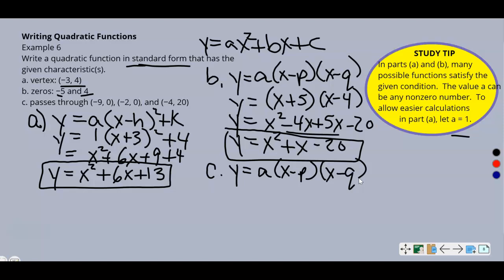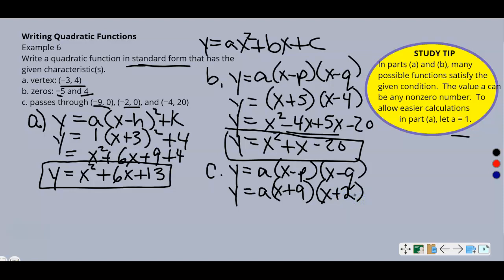The first thing we're going to do is plug in -9 and -2. So y = a, and I forgot my parentheses, so we're going to have (x - (-9)). Minus negative 9 is going to be plus 9. And then x minus negative 2 is going to make that a plus 2.